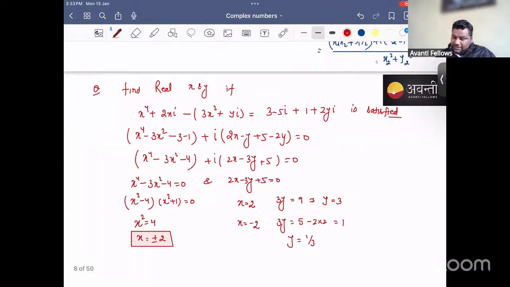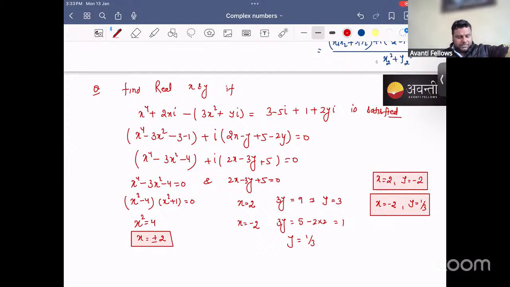So there are two values of x and y satisfying this: x is 2, then y is 3; and x is minus 2, then y is 1 by 3. Have a look. Got it?